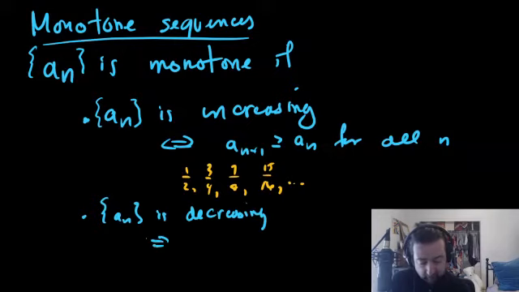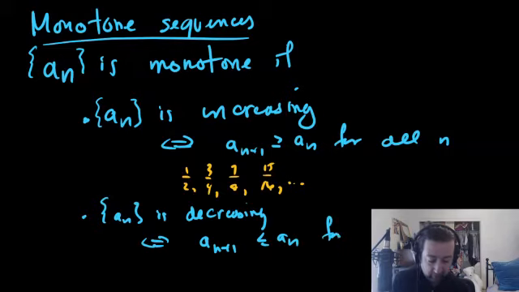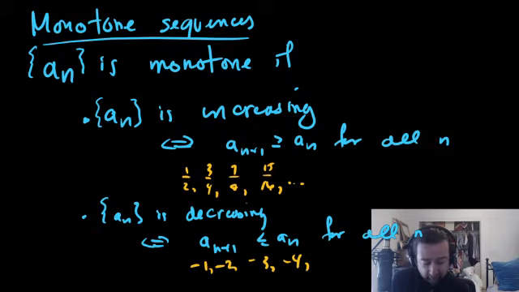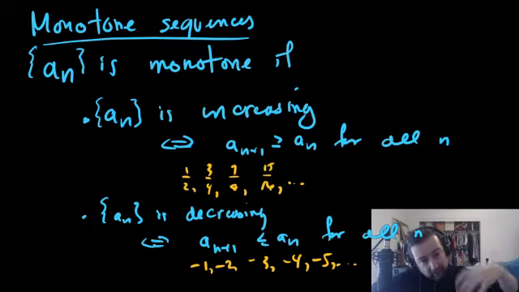And that's the same as saying that a_(n+1) is less than or equal to a_n for all n. As an example of a decreasing sequence, let's do one that goes to minus infinity: -1, -2, -3, -4, -5, and so on. That sequence decreases forever. Each term is less than or equal to the term that comes before.